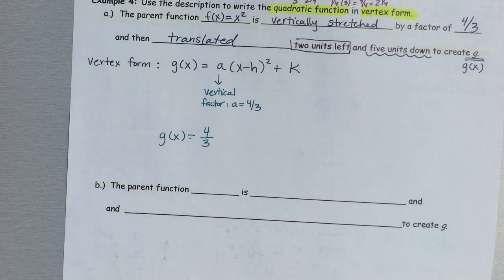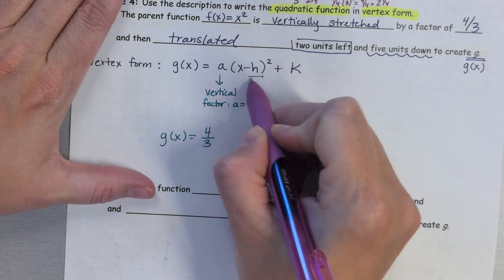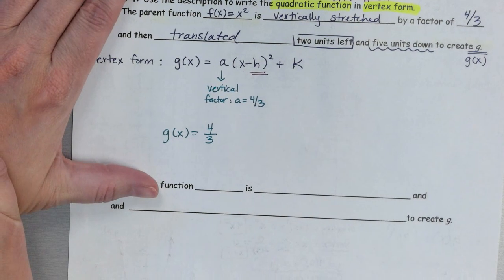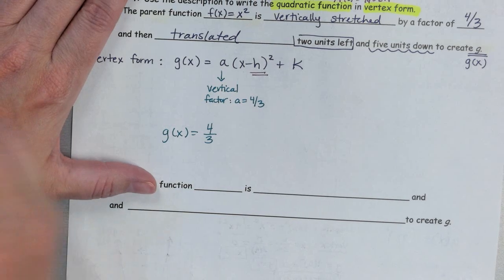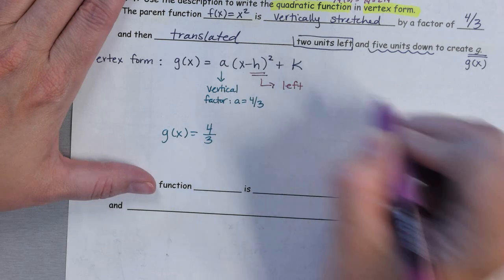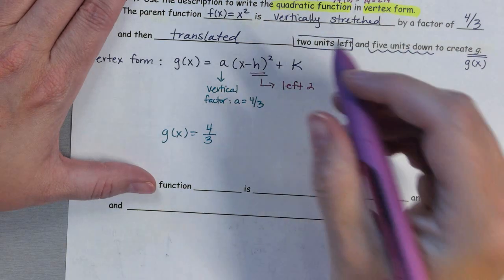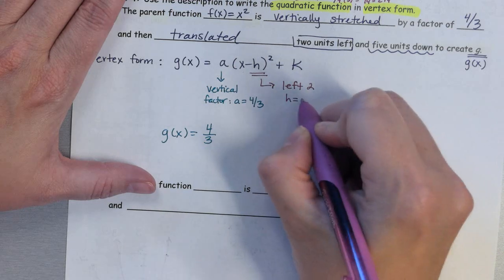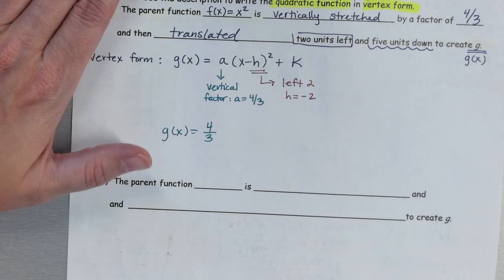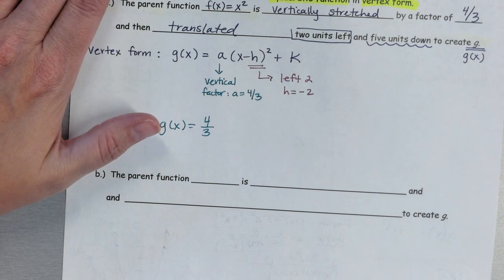Now remember, inside the parentheses, this tells you whether you are going left or right. Your h value is whether you are going left or right. So if we are going left 2 units, that means your h value is -2. If you're going left, your h value is negative.